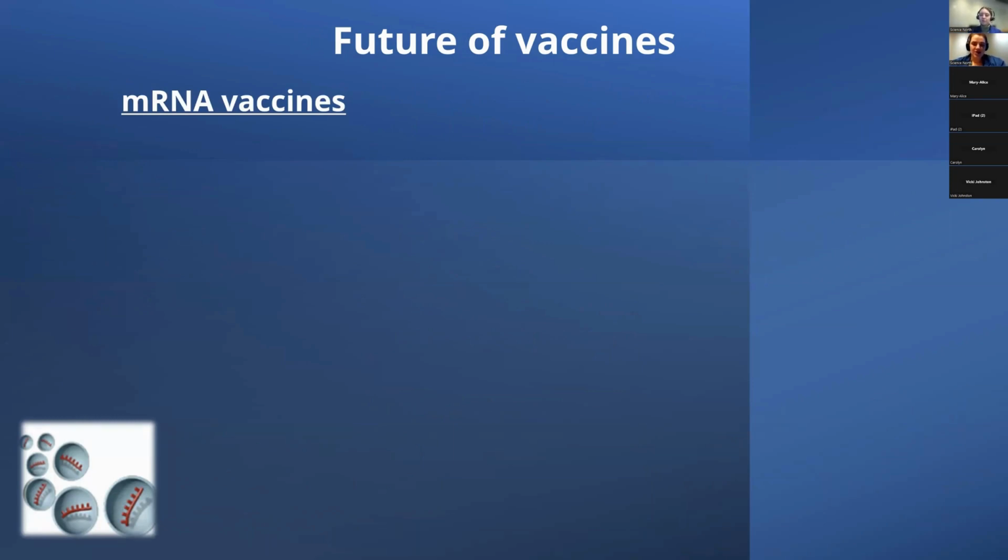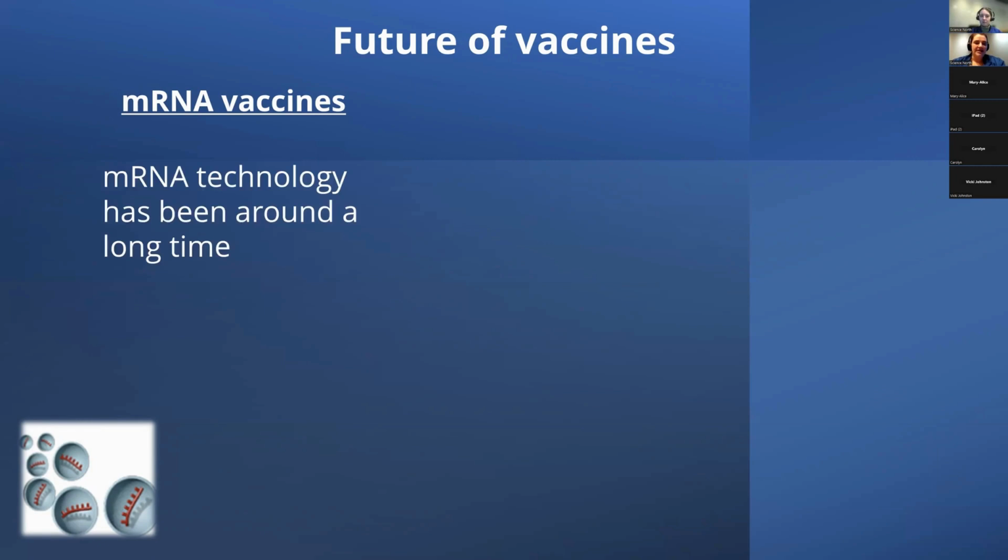So yes, you might have heard that mRNA was first used, first ever time against COVID, which is not entirely correct. mRNA technology has been around a long time. It's been used, for example, for studies against flu, Zika virus, rabies, cytomegalovirus.